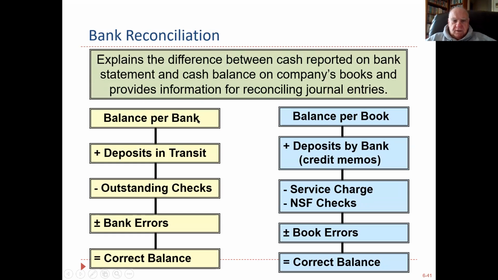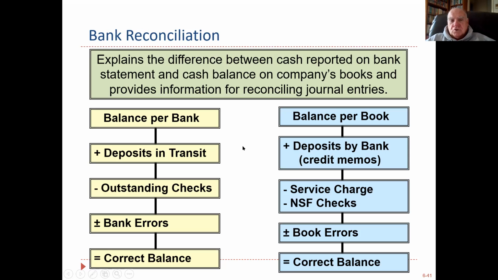The bank statement says we have $4,000 in the bank. We compare that to what our books say at the same exact point in time, and we don't have 4,000 here, we have 25,000 here. Does that mean we have a problem? Probably not. Probably the difference is in the word timing.